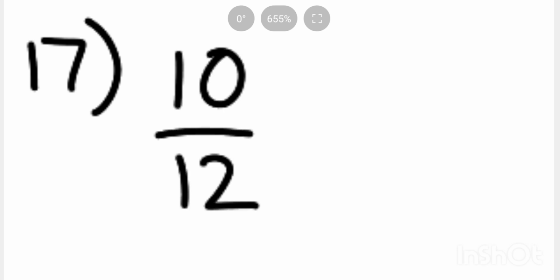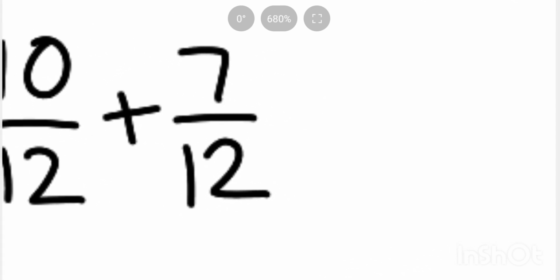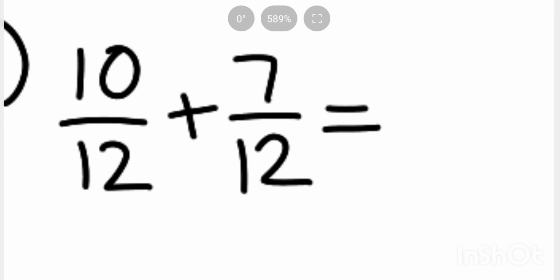Question 17. Work out 5 over 6 plus 7 over 12. Give your answer as a mixed number. So we can rewrite 5 over 6 as 10 over 12, and keep 7 over 12. We do that so we can keep the denominators the same, which makes the addition easier, because you just have to add 10 and 7.